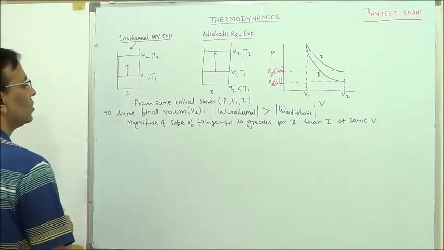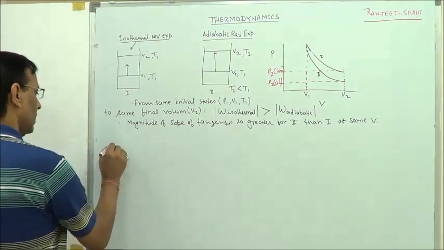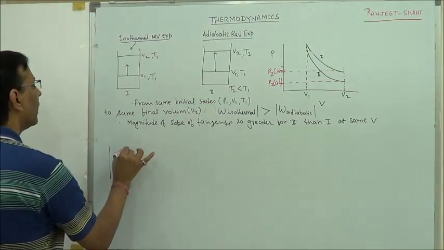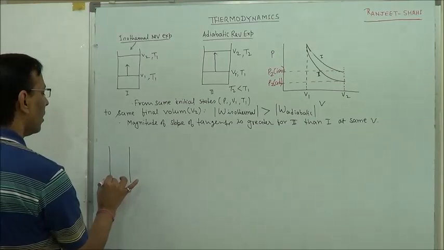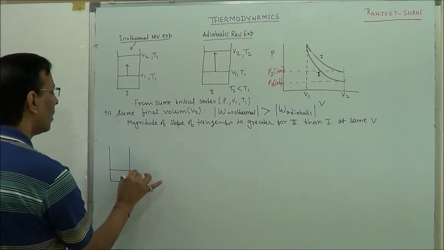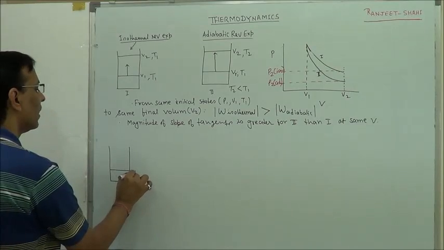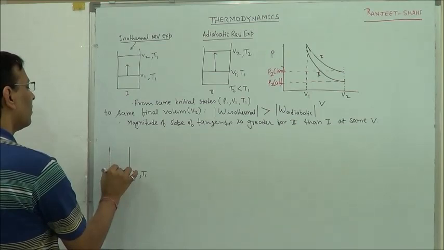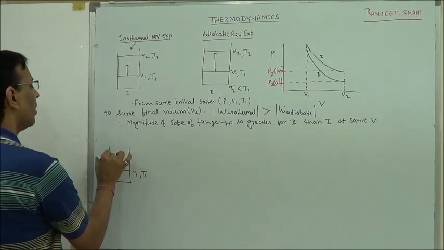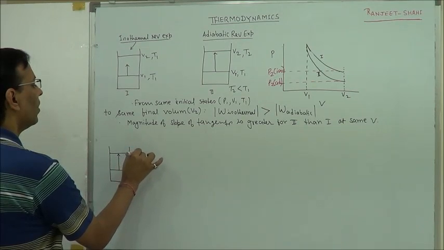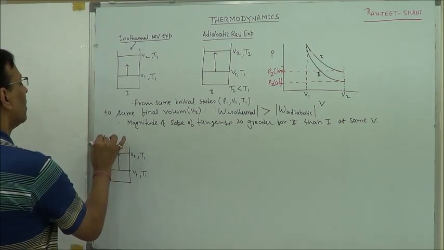Now, suppose we have another situation in which the initial volume is V1, the initial temperature T1, and now this gas undergoes isothermal reversible expansion to V2, but the temperature is T1.